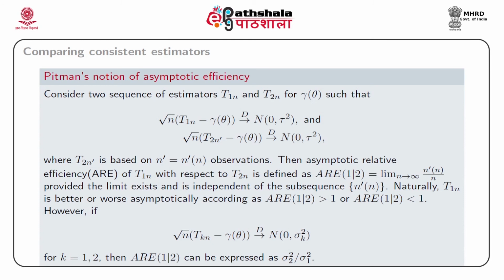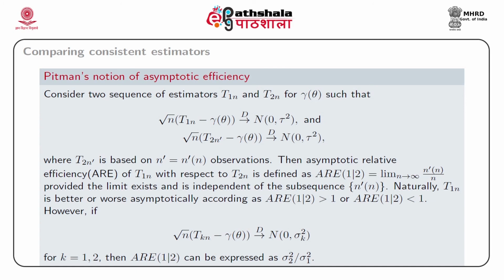Then asymptotic relative efficiency, that is ARE, of T1n with respect to T2n is defined as ARE 1 given 2 as limit n tends to infinity of n' divided by n, provided the limit exists and is independent of the subsequence n'.